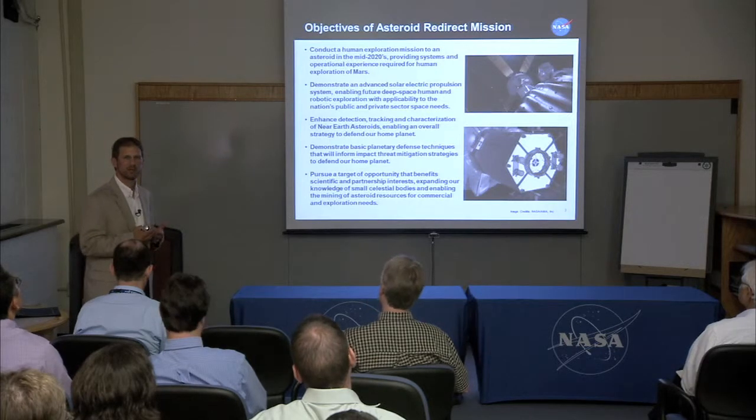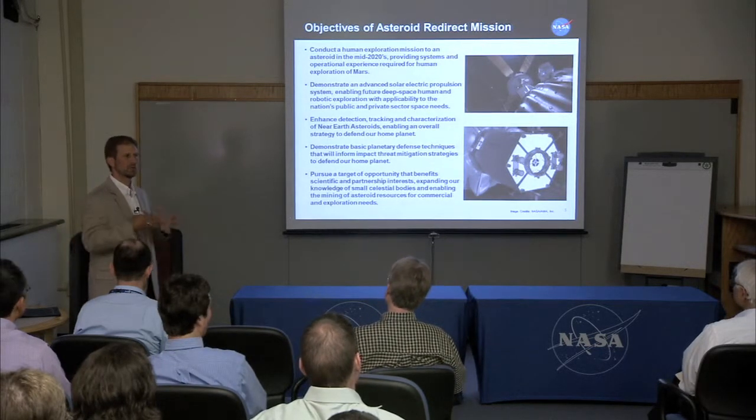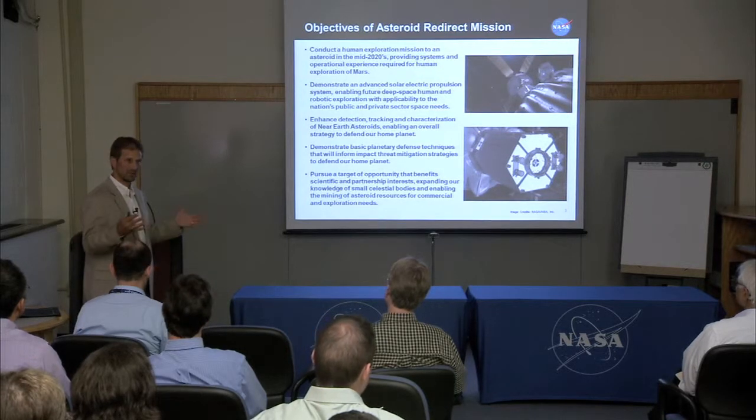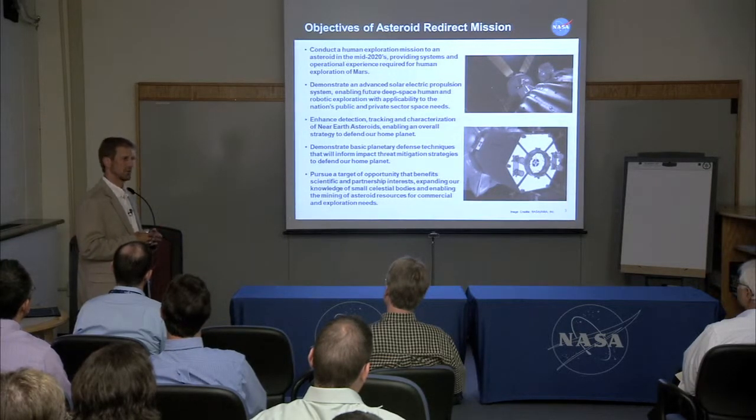A less than 10-meter object basically will burn up in the Earth's atmosphere. So there is some applicability to planetary defense, but obviously a larger object that's anywhere from a quote-unquote city killer to a global catastrophe causing asteroid is a little bit more relevant.